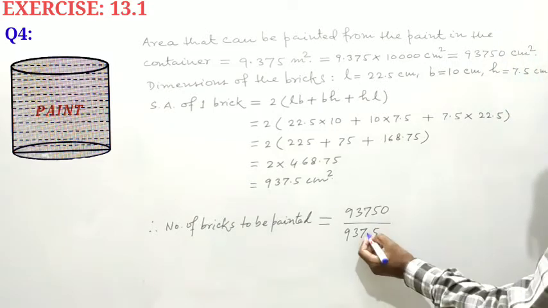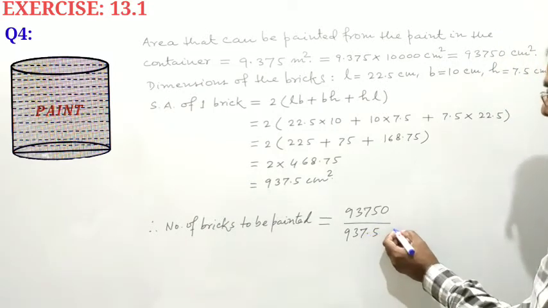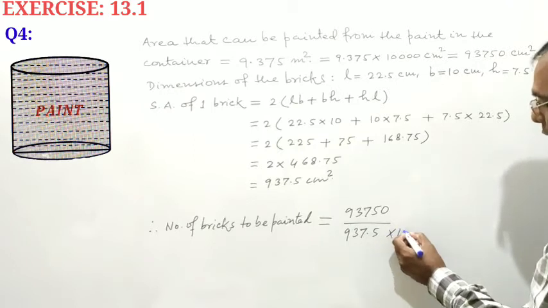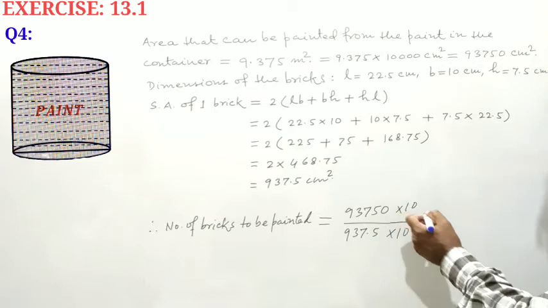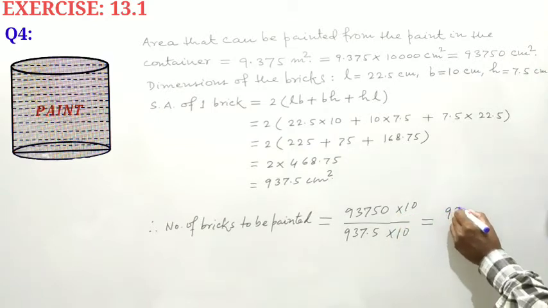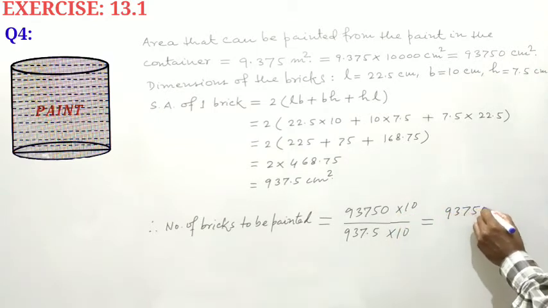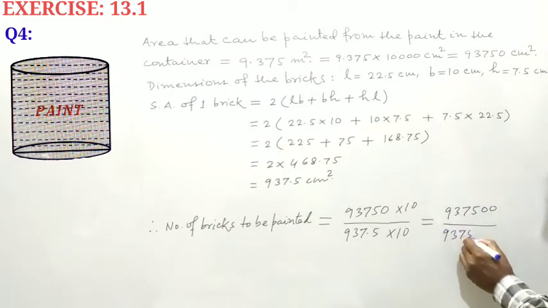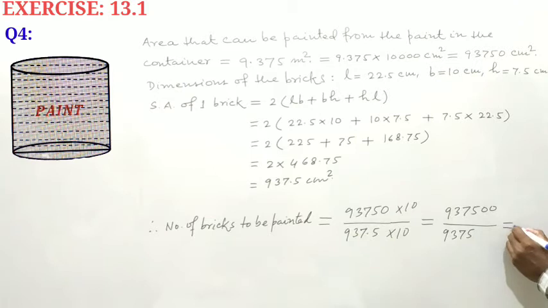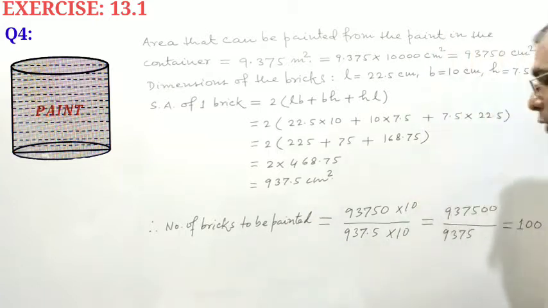Let us remove this decimal from the denominator, and for that we need to multiply numerator and denominator both by 10. So it is 937,500 divided by 937.5, and it is equal to 100. So number of bricks to be painted we have got equal to 100.